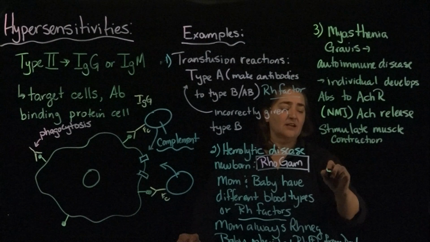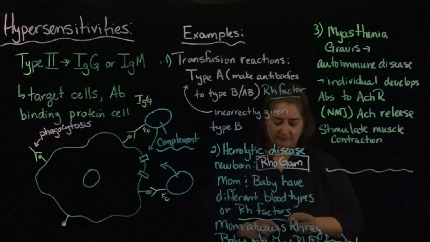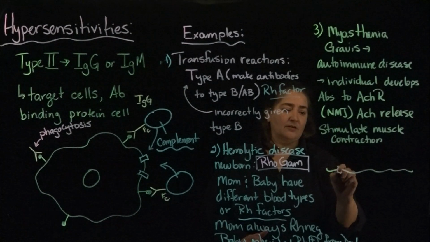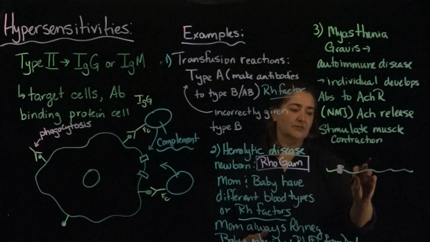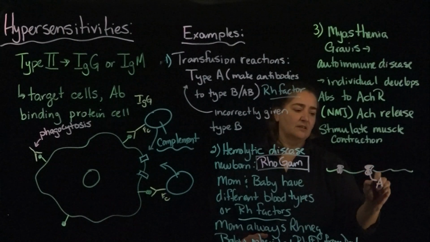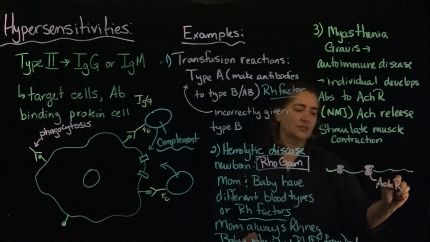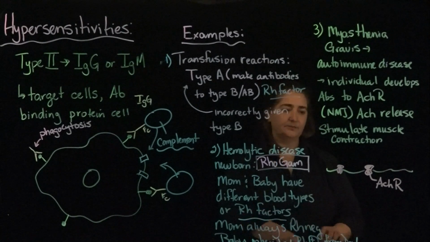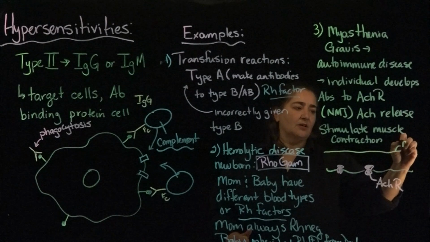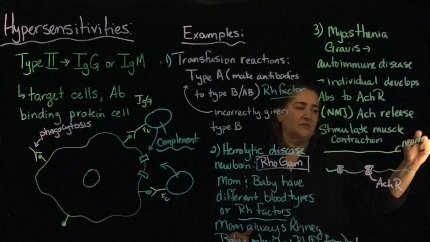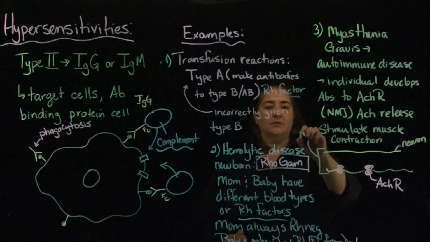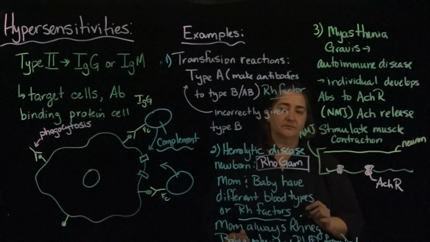But if you're sitting there on the plasma membrane, and let me put in our acetylcholine receptor here as kind of this pink blob, right? This is going to be our acetylcholine receptor. Up here, this would be our neuron associated with our neuromuscular junction, okay?